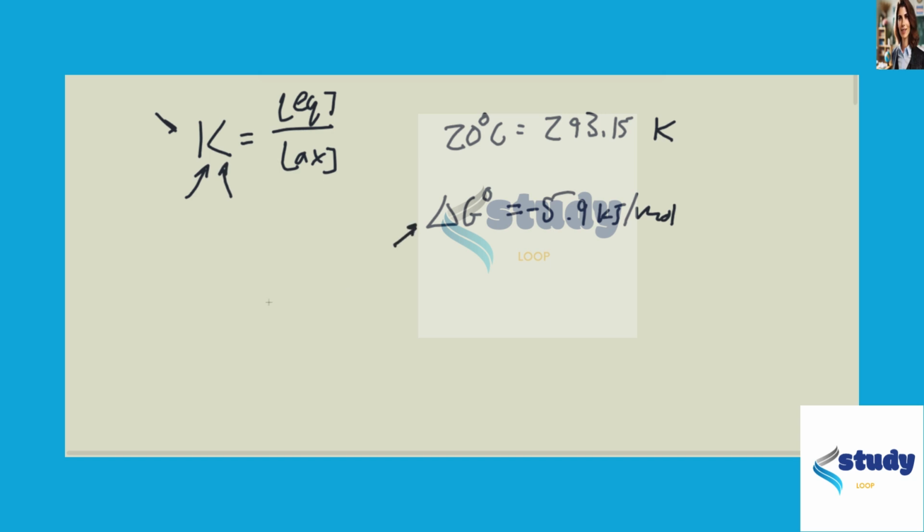Well, they're related. If you recall, delta G naught equals negative RT ln K. That's the natural log of the equilibrium constant. That's the current temperature, and that's the gas constant. They told us the gas constant is 8.314, this is joules per mole per Kelvin.